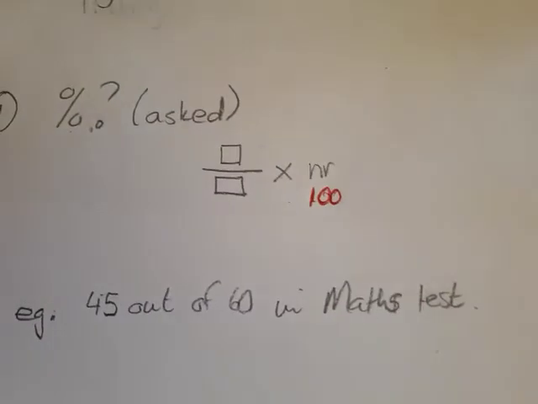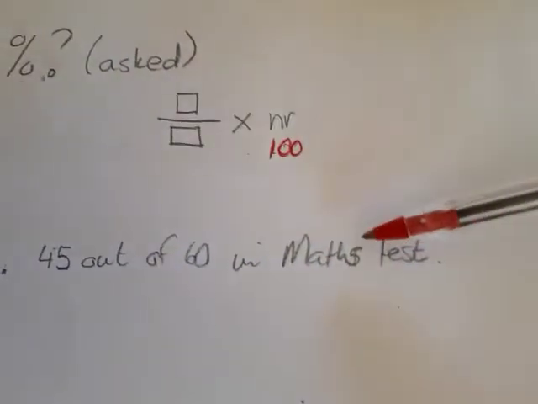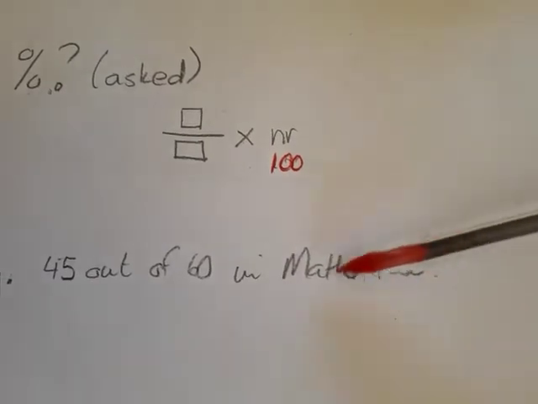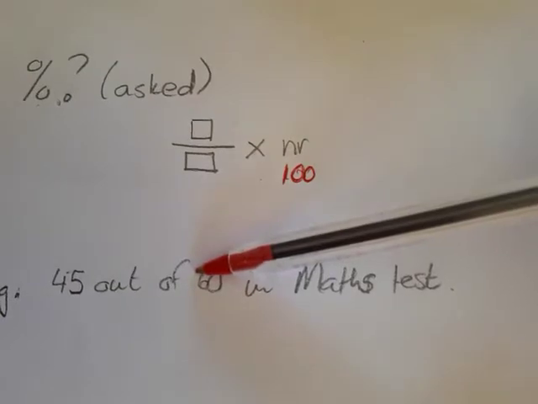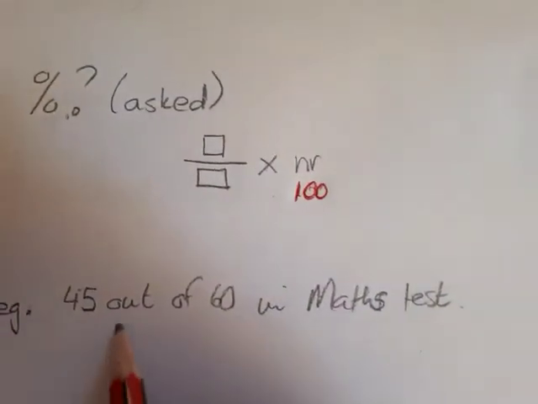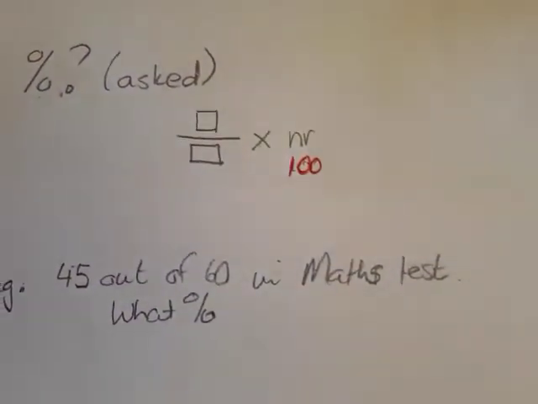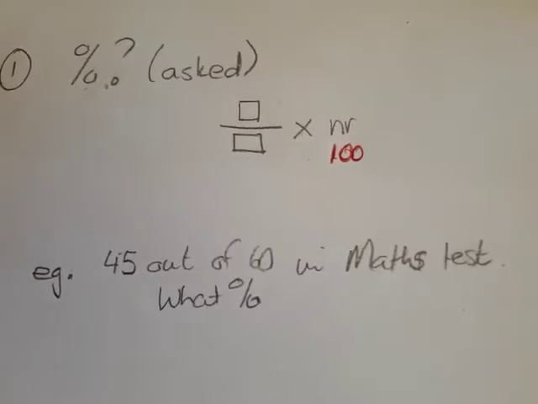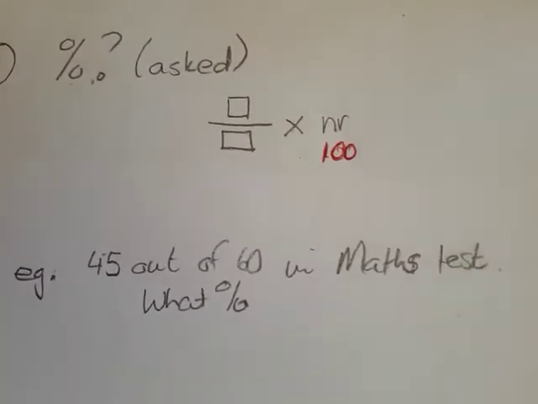It's the easiest. And I told you, always associate the percentage asked with a test mark, okay? Maths test. If you got 45 out of 60 for a maths test, then the question now is, what percentage is that? So this is what you do every time that you get a mark from me, where you have to calculate your percentage and write it into your homework book.